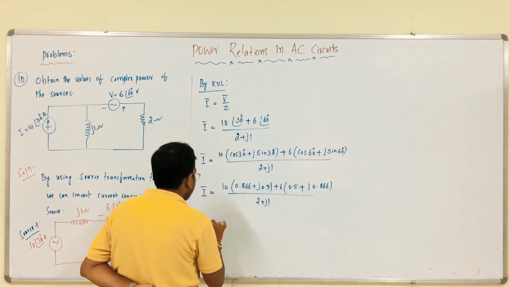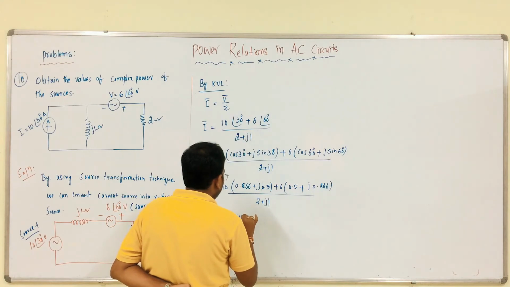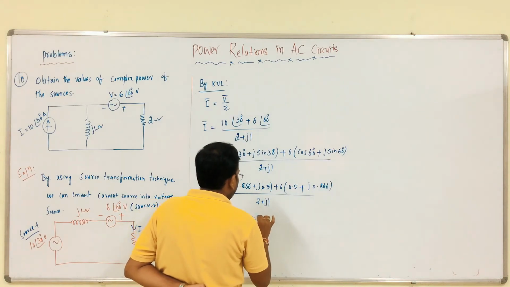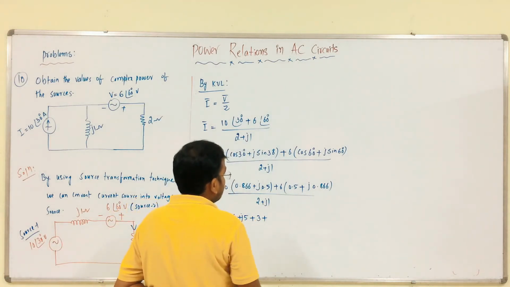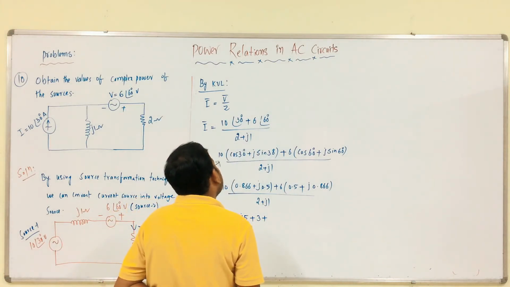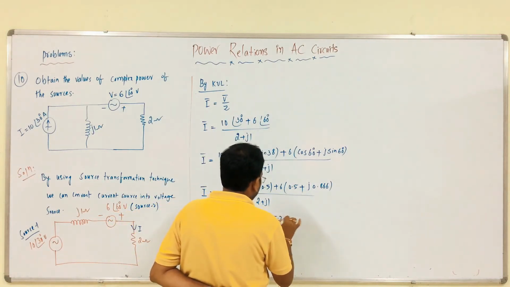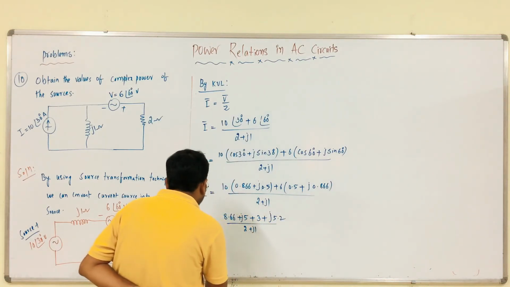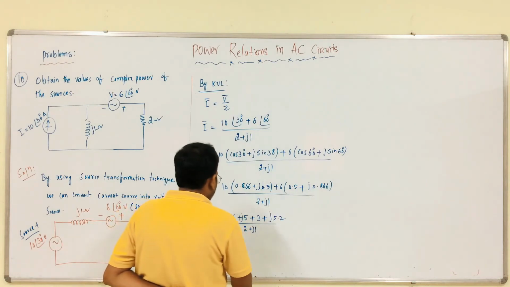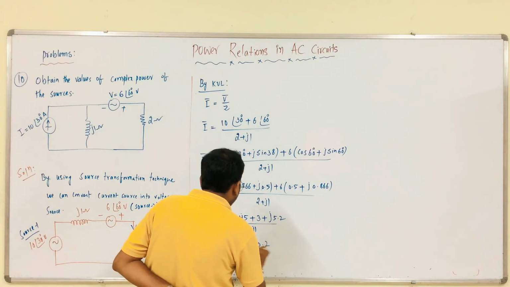So from this, I is equal to 8.66 plus 5J plus 3 plus 5.2J, by 2 plus J1. Therefore, the value of I is nothing but 11.66 plus J 10.2 by 2 plus J1.